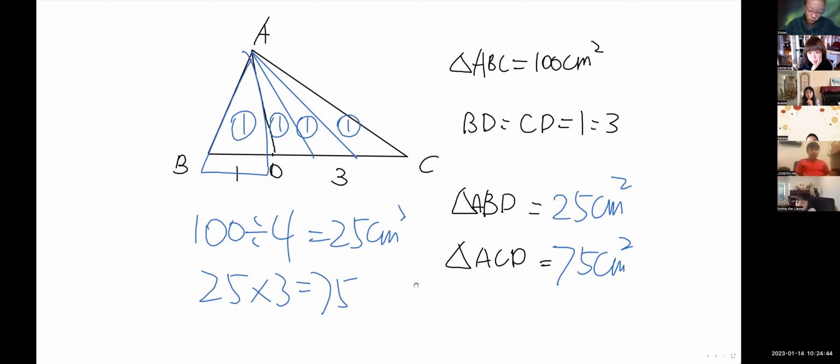Okay, so now let's take a look at a new one. So what if I give you a triangle like that, everybody? So this time triangles like that.